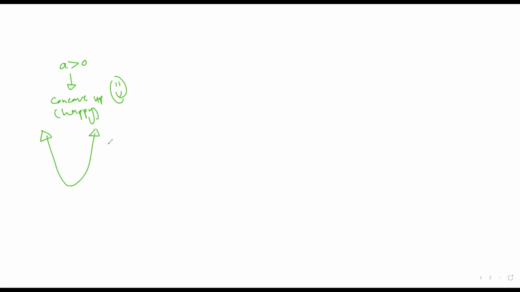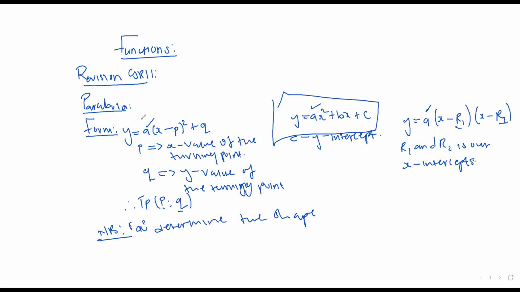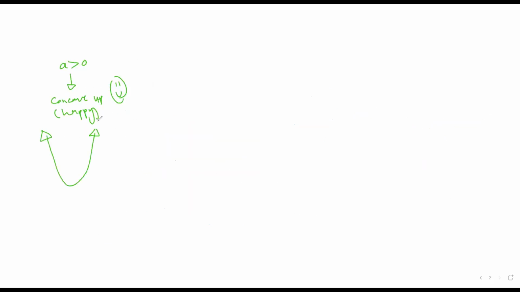Always, in any of these forms, this one or that one or that one, as long as a is positive, it tells us that our parabola is happy and is concave upward.